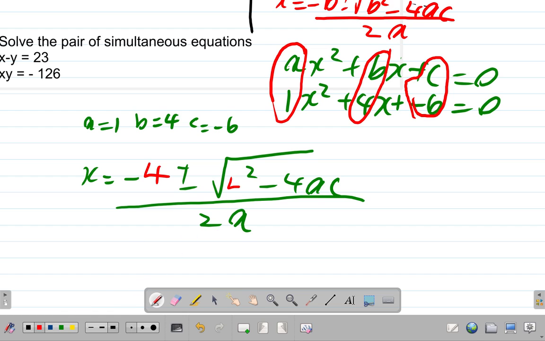So you have 4. What else is there? A is what? A is 1. So this really says 4 times a. So this is 4 times 1 times c. C is negative 6. So you remove this c from here and you put times negative 6.